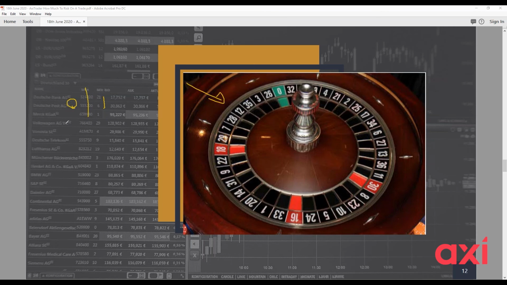The problem is that people see trading as binary. When you're taking a trade, you just think, do I take this trade or do I not take this trade? A lot of people look at it that way, and there is a problem with that, because trading is not binary.